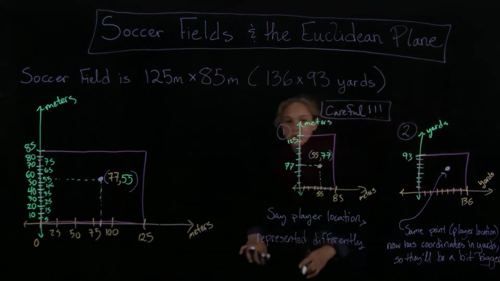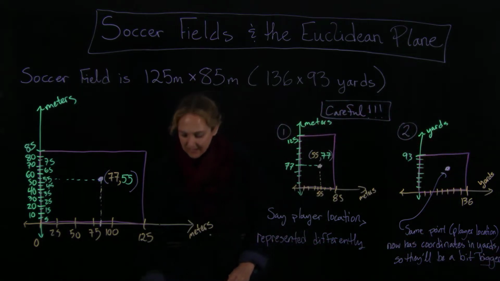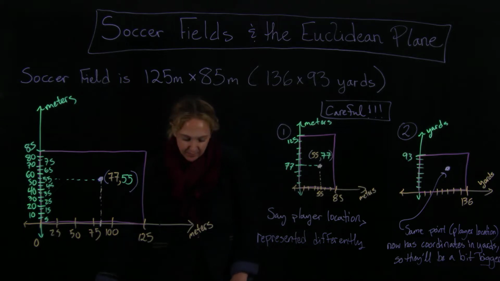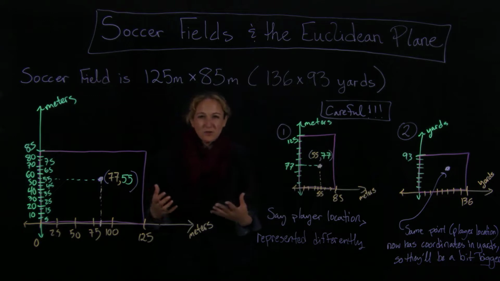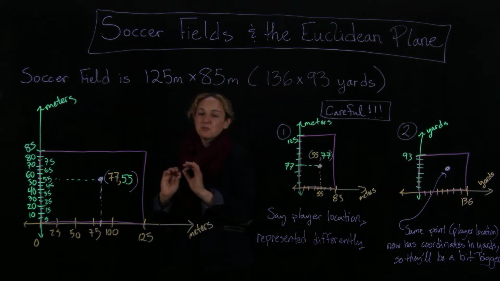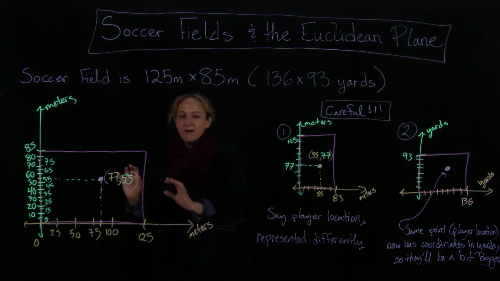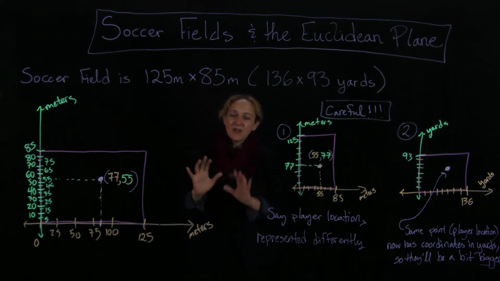Okay, so what's kind of the key point? The soccer field is often, you want to view the locations of players as points in the Euclidean plane. But you kind of need to check how you oriented it here.